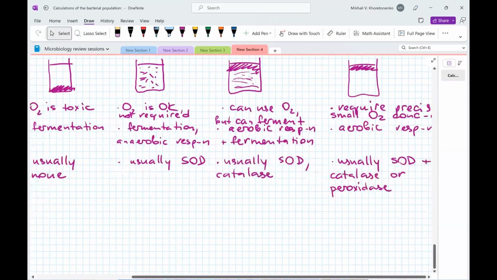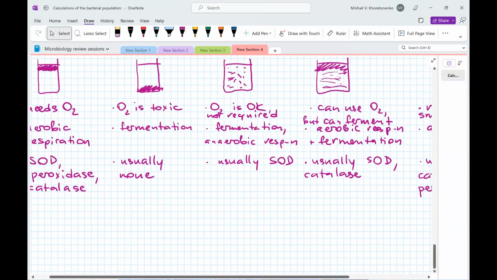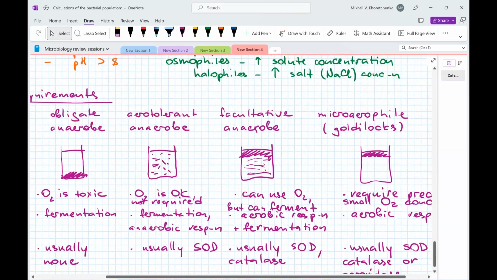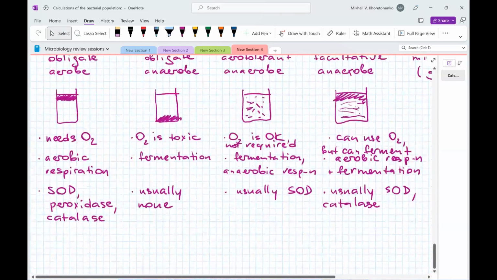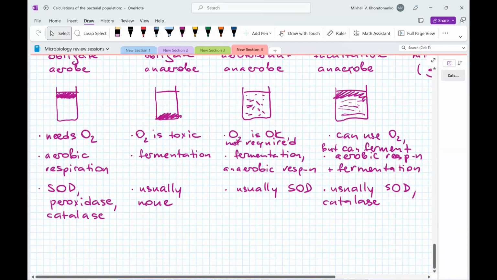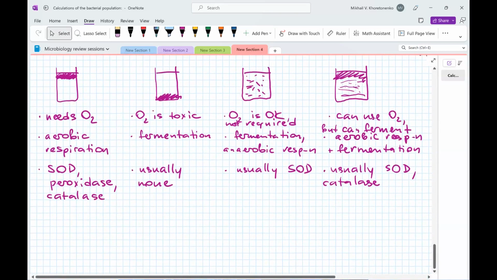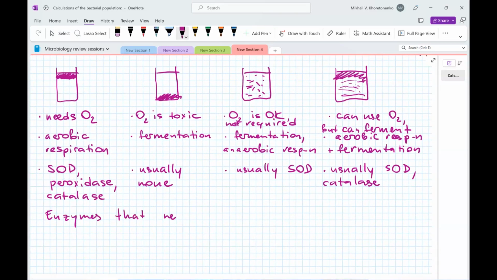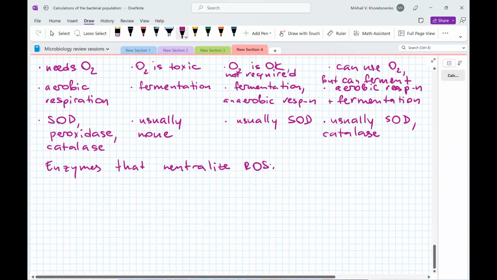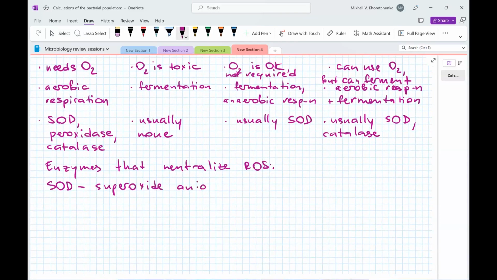I just got one question. Go ahead. For obligate anaerobe, there's no enzyme? So usually none. Enzymes that neutralize reactive oxygen species: superoxide dismutase neutralizes superoxide anion.